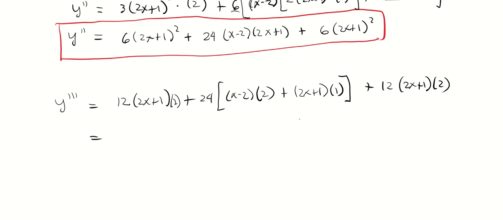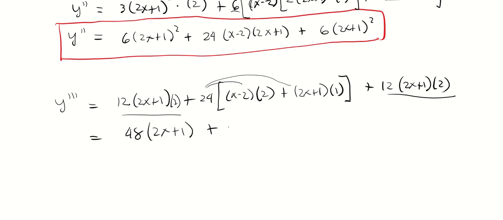So this is a similar term here and here. So if we add them, we just multiply it by 2. So it will be 24 times 2, that will be 48. 48 times (2x + 1). Plus, here we can distribute again the 24.